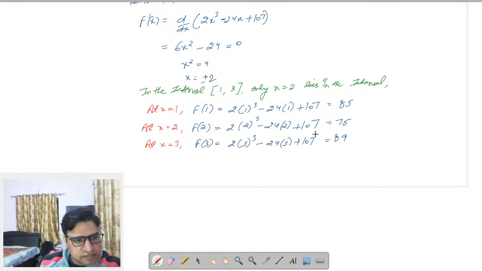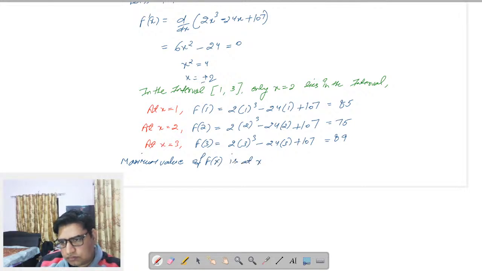You can see clearly that the maximum value of the function is at x is equal to 3. So the maximum value of the function f(x) is at x is equal to 3, and that is f3 is equal to 89.